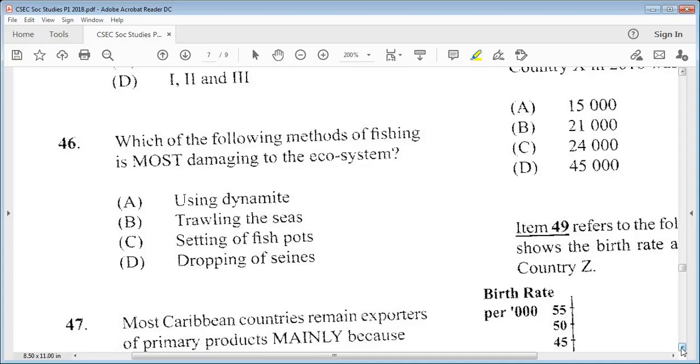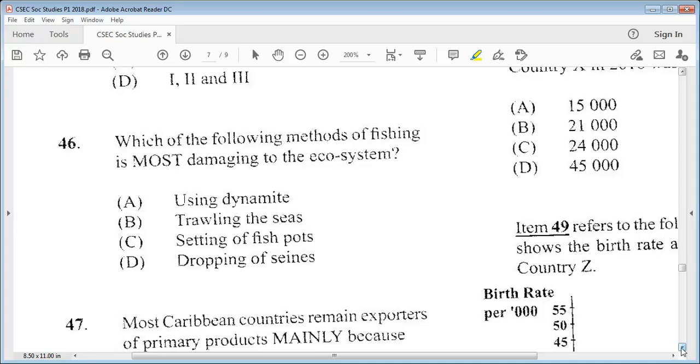Yes. C, setting off fish pots. No, that's not damaging the ecosystem. D, dropping off seines. No. As was said, trawling is to pull a large amount of fish.